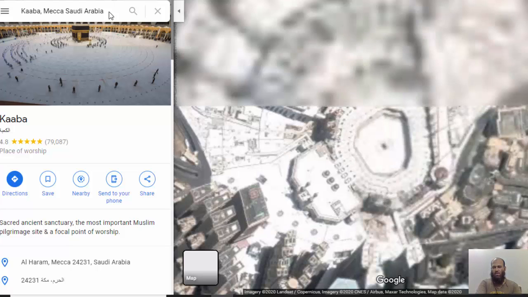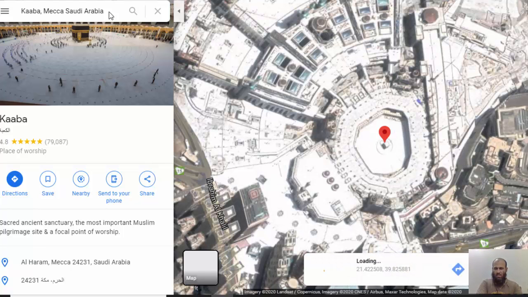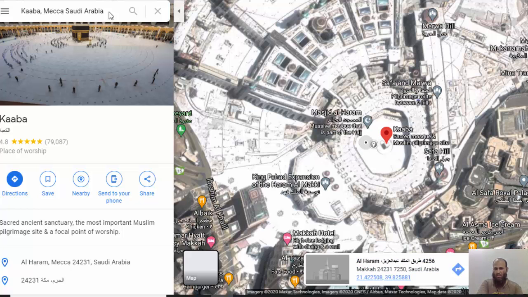You click over here to find out the coordinates. Once you are at any place, you will get the coordinates here: 21 degrees north and 39 degrees east or west. Find more about it. Is it east or west?